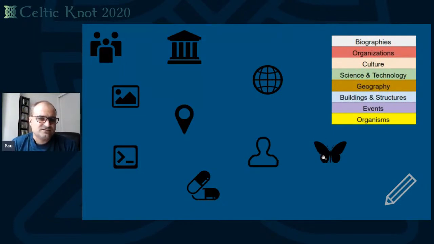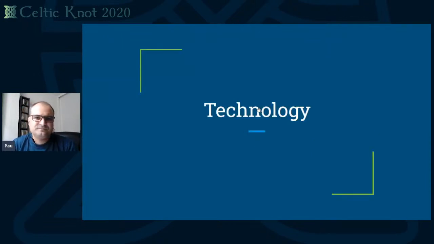For example, this is for taxon, this is for human beings, for geography, this is for places, for artworks, and this is for computer programs. So there is a standardized unification of formats.